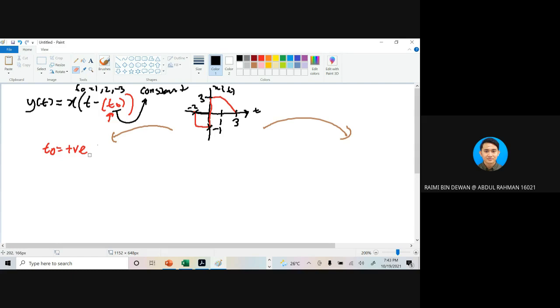Let's say t naught is positive and its value is 3. So imagine that t naught is 3 now. Your writing should be y(t) equals x(t minus 3).